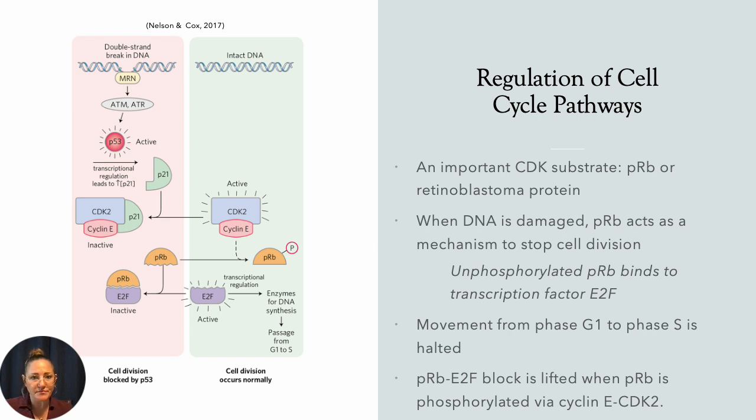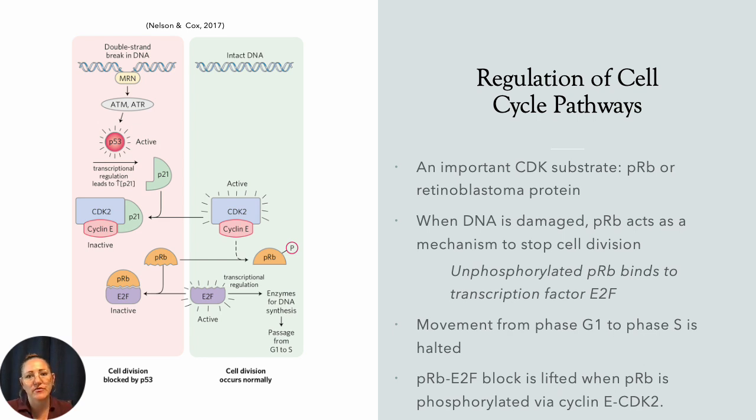E CDK2. Looking at the image, we see ATM and ATR on the top left. These are protein kinases that detect the break in DNA strand via signal protein from the breakage point. When the signal is received from ATM and ATR, they phosphorylate something called P53, which acts as a transcription factor, stimulating the synthesis of another protein, P21.